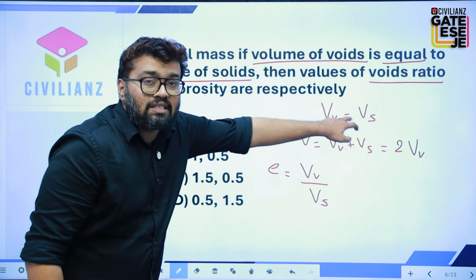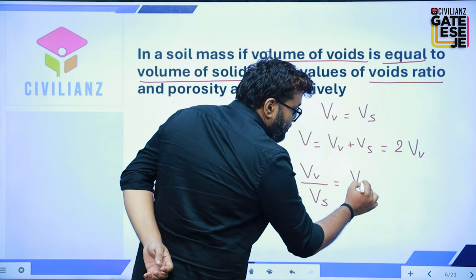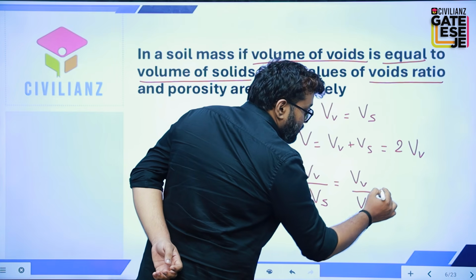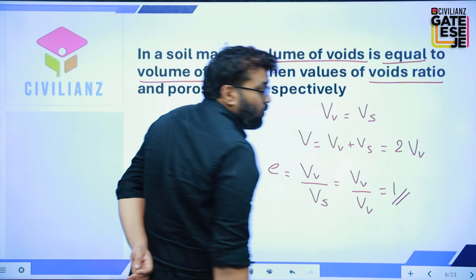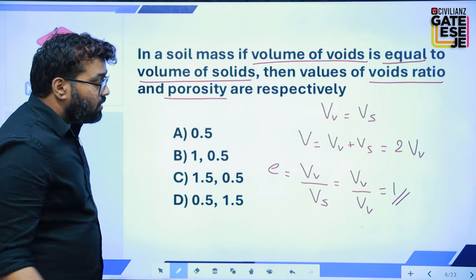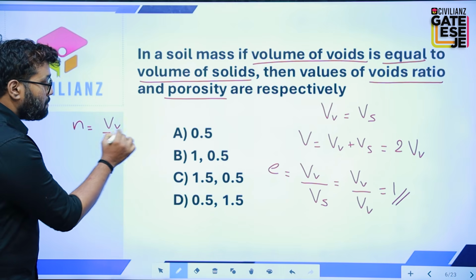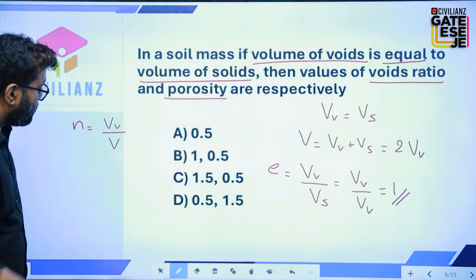Since volume of solids is equal to volume of voids, we can substitute this as Vv by Vv. It is equal to 1. The second question is porosity. We know that porosity is equal to volume of voids by total volume.